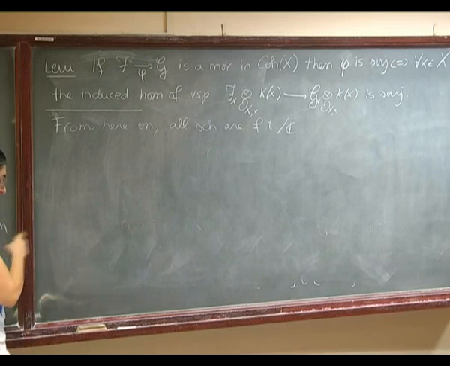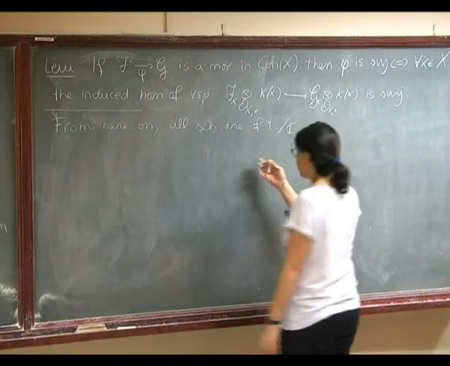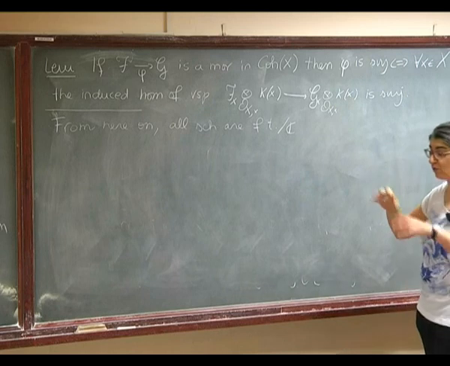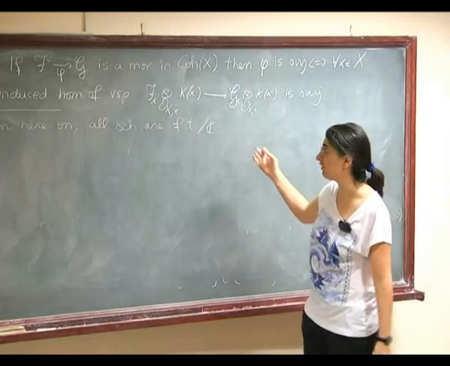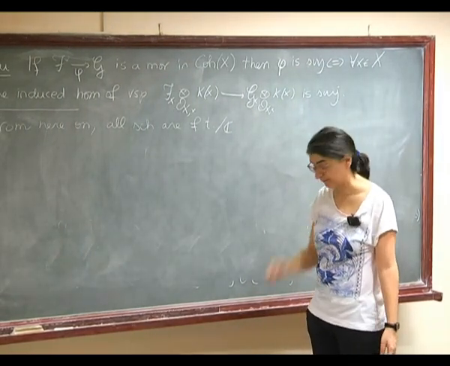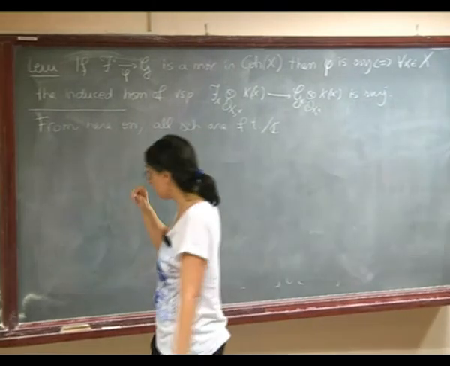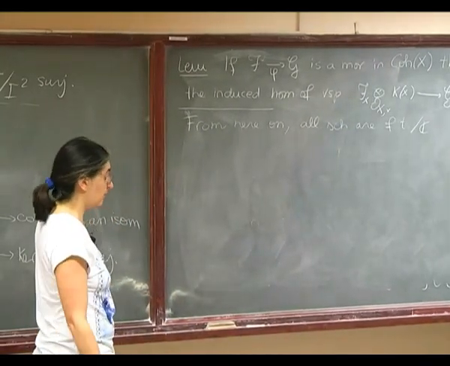I will try to include it in the notes, but the point is, the more general you want to do it, then you want to use the general language of deformation theory, but what I want to do is this case because it's really very elementary.